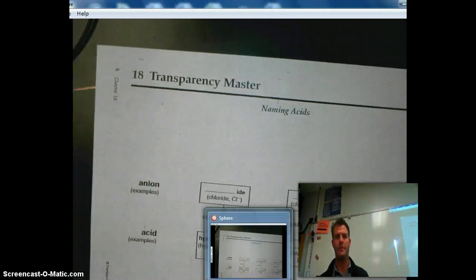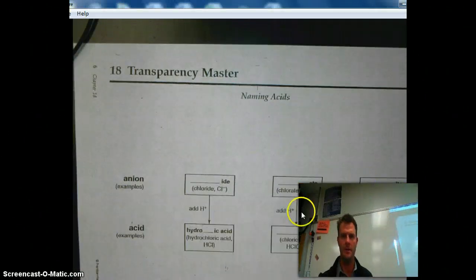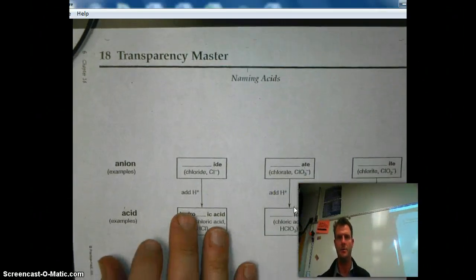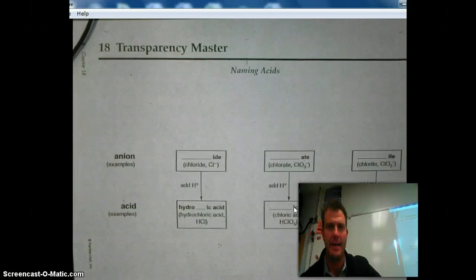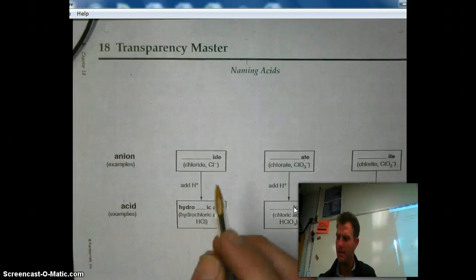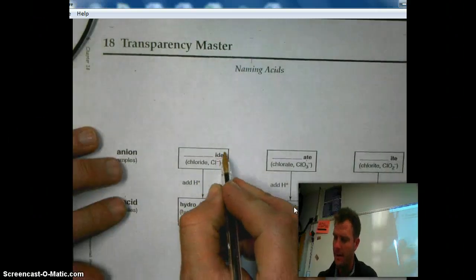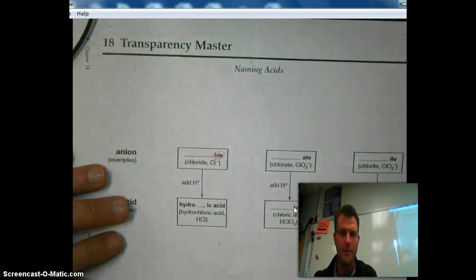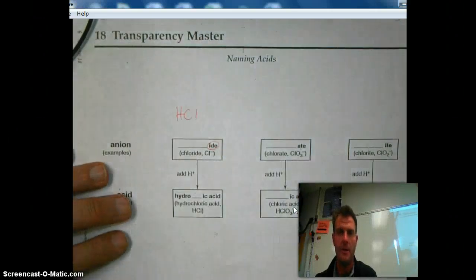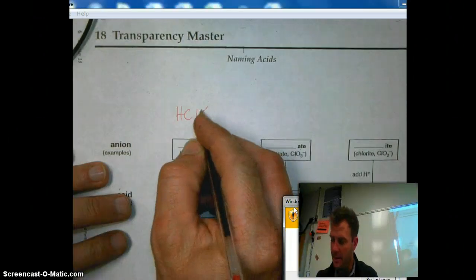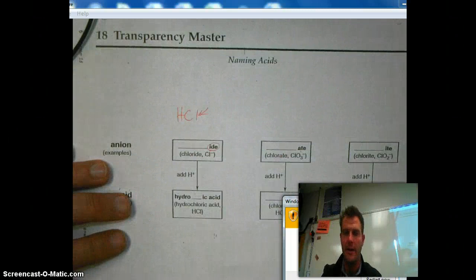Now, everyone should be looking at this paper. Basically, what's going on is we are wanting to name acids. Naming acids is fairly simple, because all you want to do is look at the ending of the name of your anion. So, for instance, HCl ends in IDE, chloride.